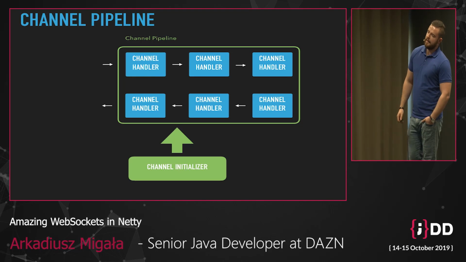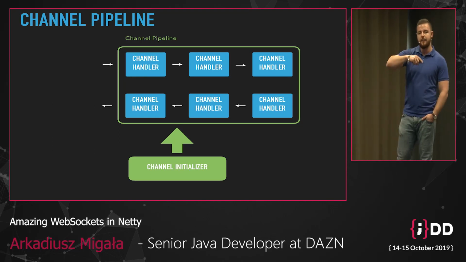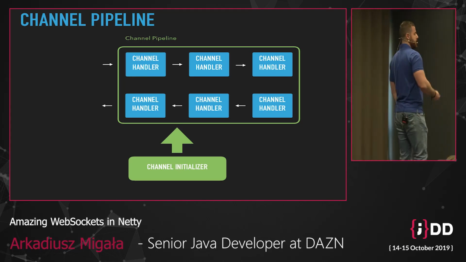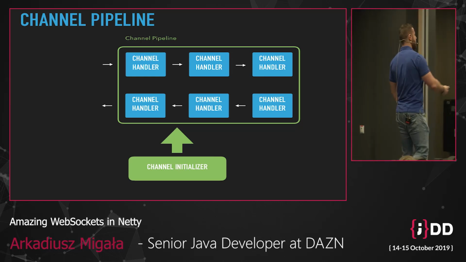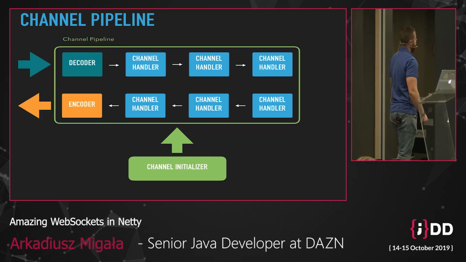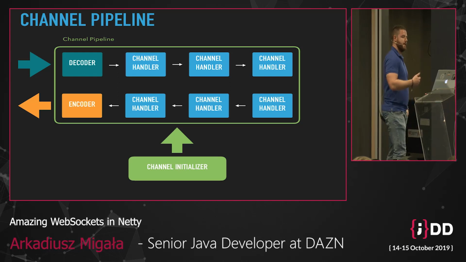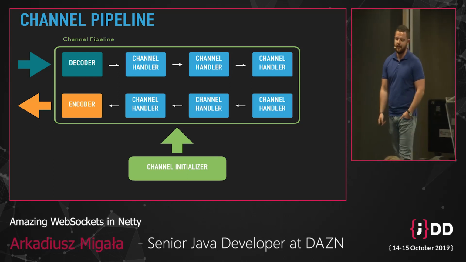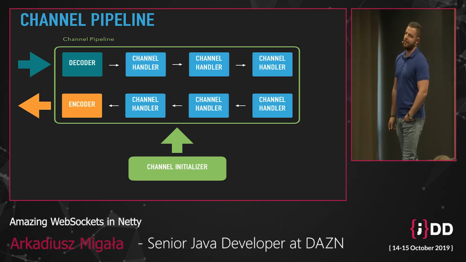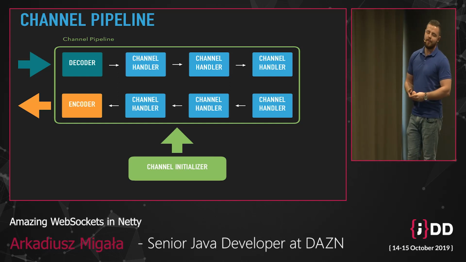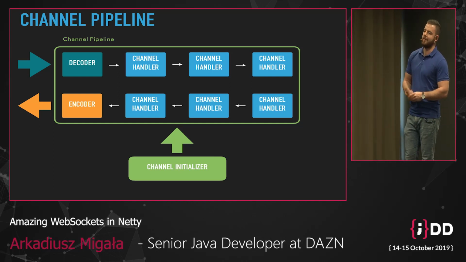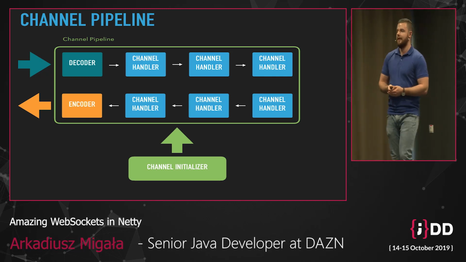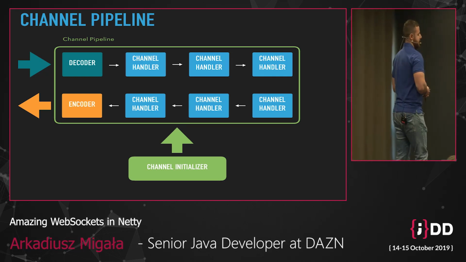And it will be connected with inbound and outbound traffic. At the beginning, there will be some decoders to decode the binary data into object data, so we will be able to use Java objects in our handlers, which will be more comfortable for us.